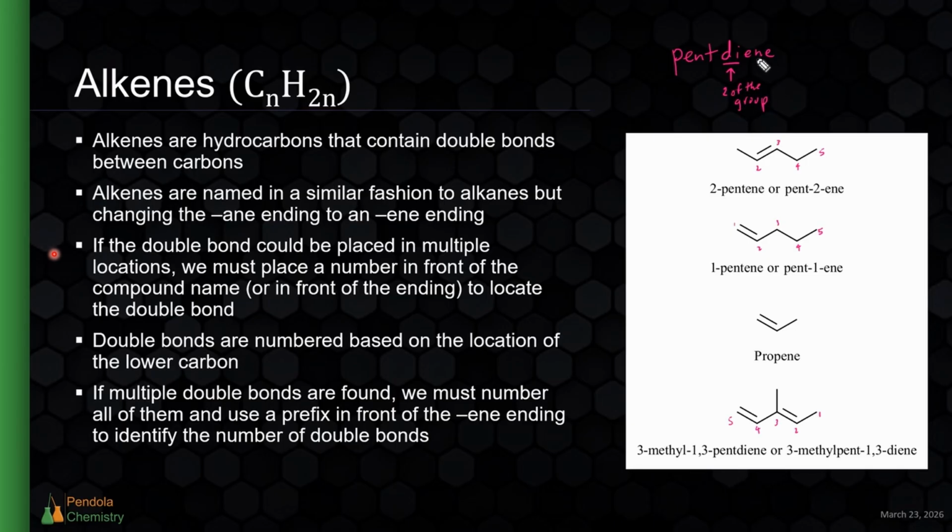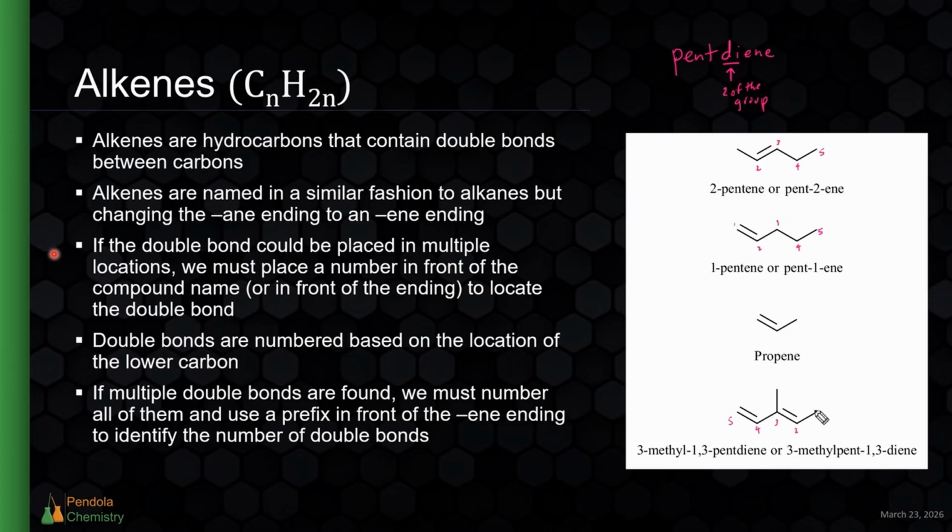So the ene tells us that it's an alkene, a double bond. The di tells us there are 2 double bonds, not just one. So this is going to be pent-diene, because there are 2 of them. And because there are 2 of them, we need to number both of them.